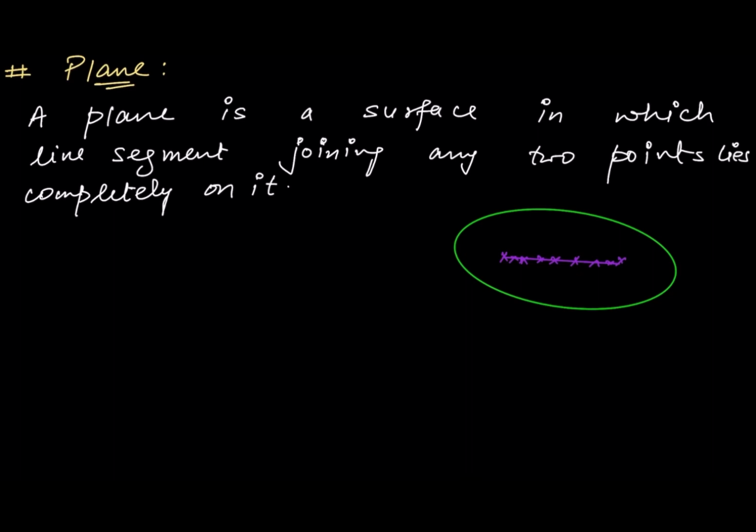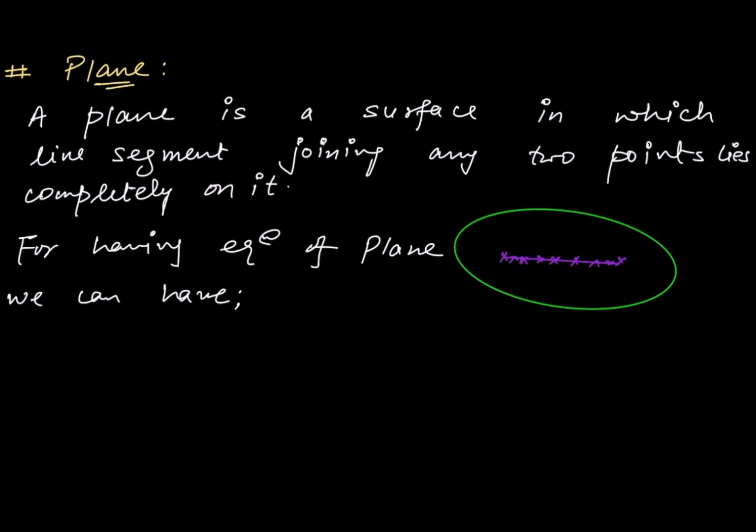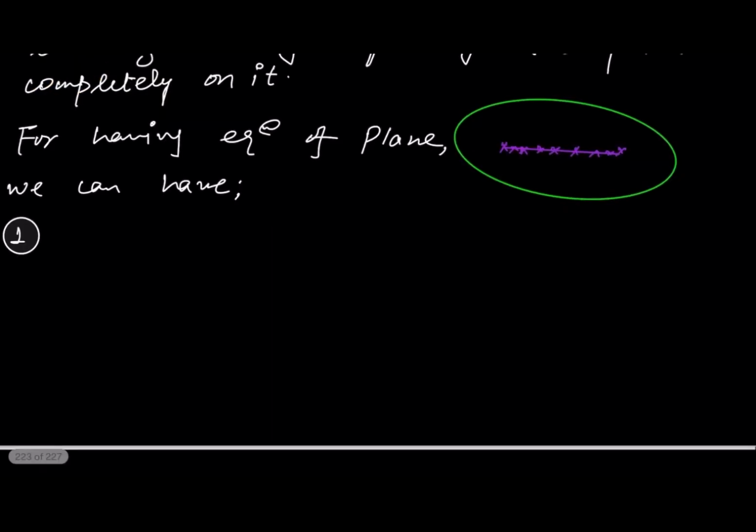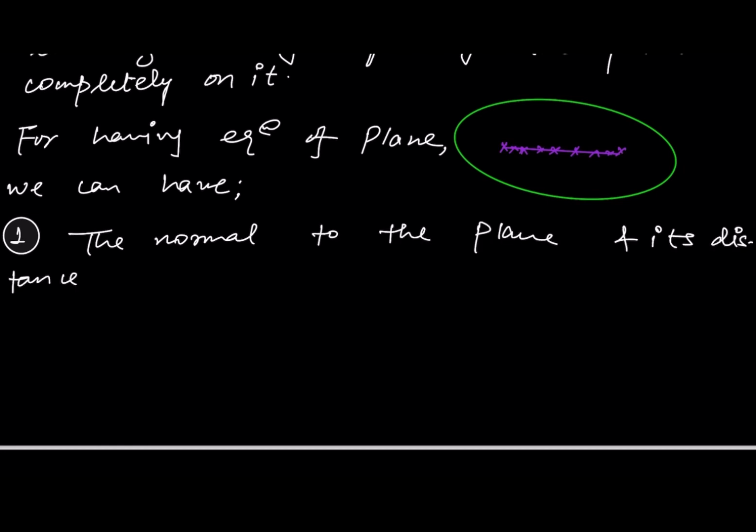So first of all, for the equation of a plane, the first case is the normal to the plane and its distance from the origin. And for this particular case we generally name it the normal form.